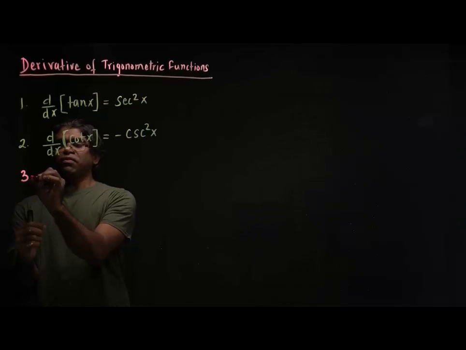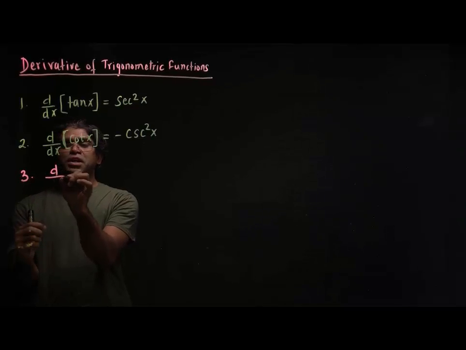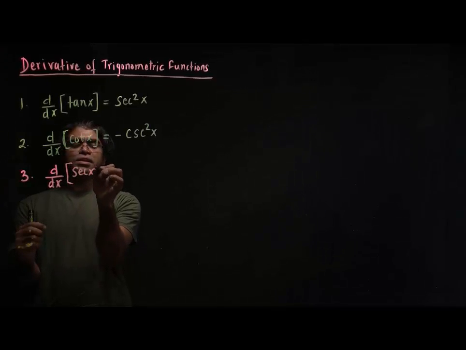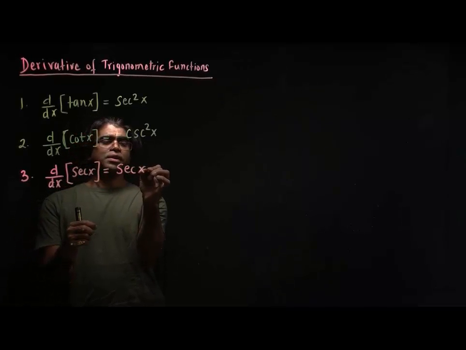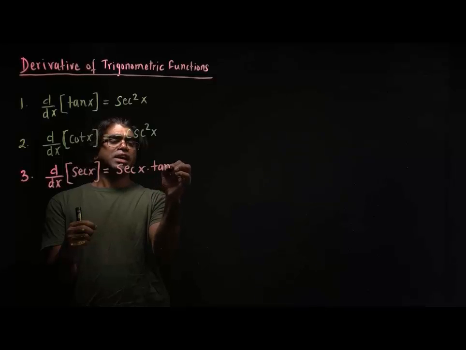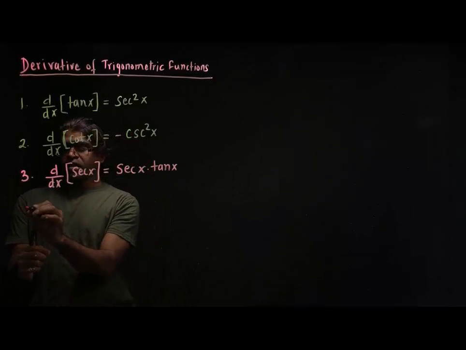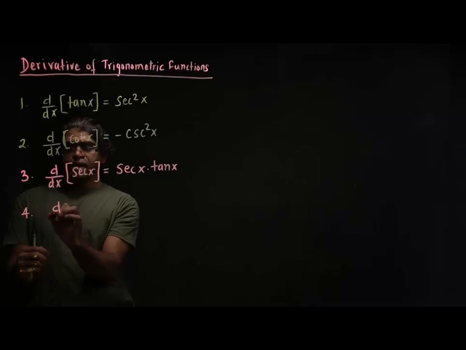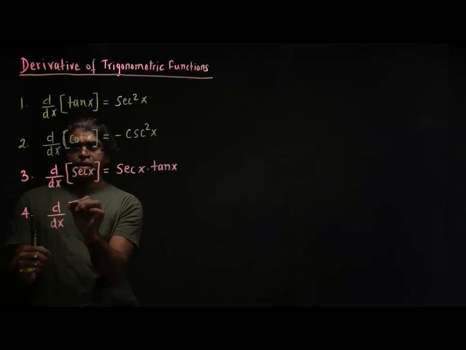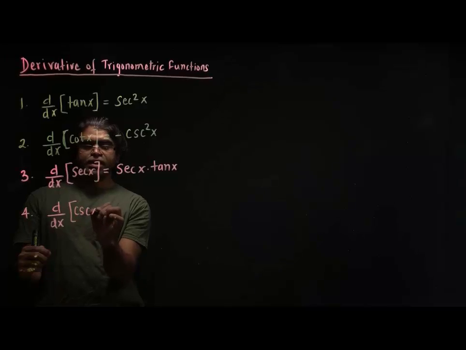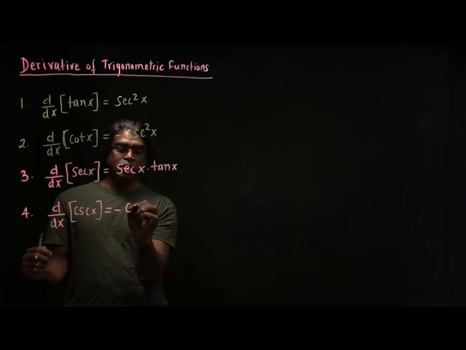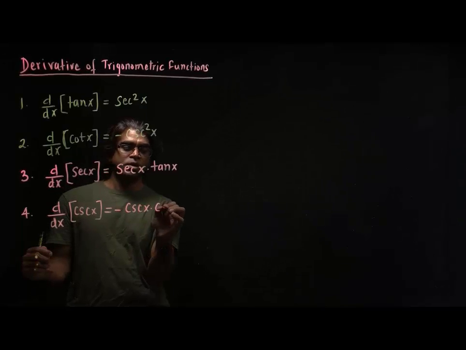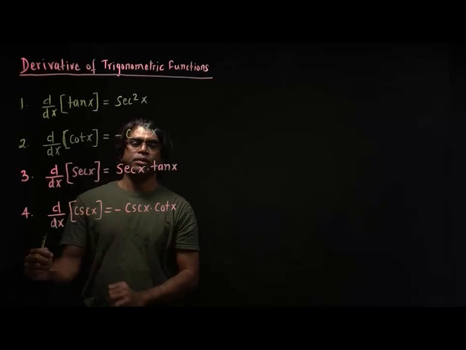Our third formula for the trigonometric function is d by dx of secant x is secant x times tangent x, and my last formula is d by dx of cosecant x is equal to negative cosecant x times cotangent x, right?